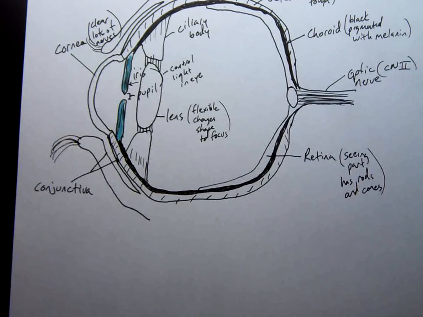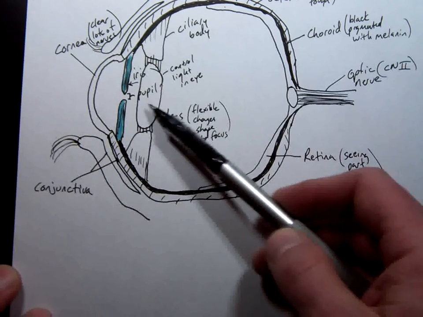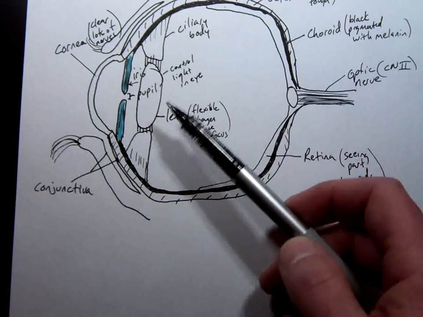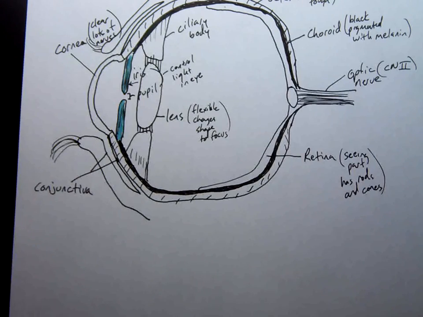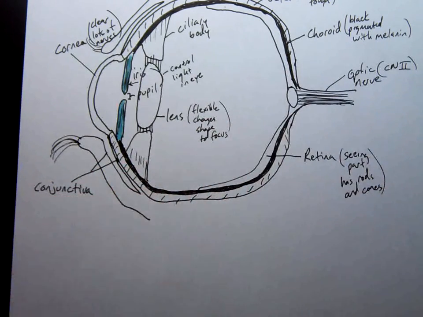If you want to draw, maybe draw about 10 million of them. Myelinated axons in here. The lens is this portion right here. It's a bag of protein and fluid, and basically it changes its shape to allow light to focus on this. So that is the basics of the structure of the eye.